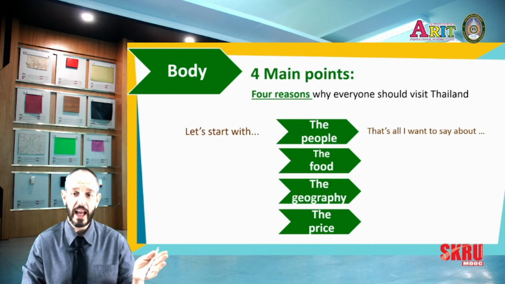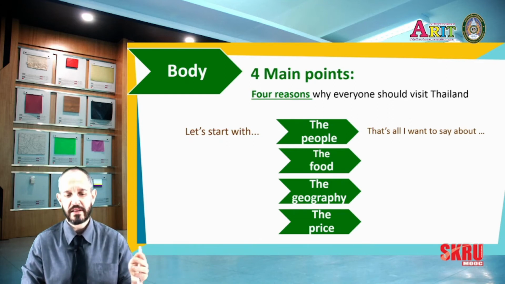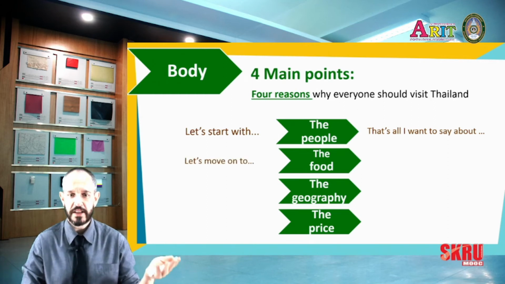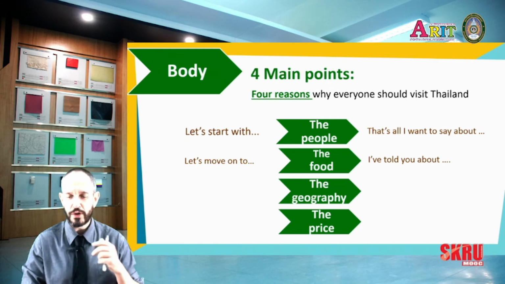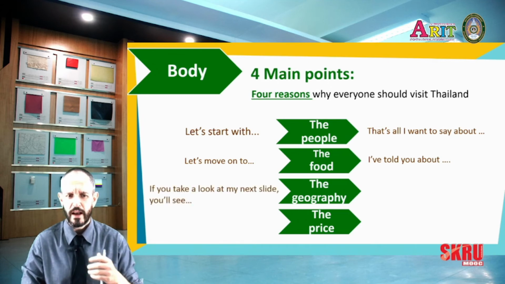And I'm going to end that main point by saying, that's all I want to say about the people. Let's move on to the food. The food is delicious. It has all the 7 flavors. It's fantastic: sweet, sour, spicy, amazing. I've told you about the food.